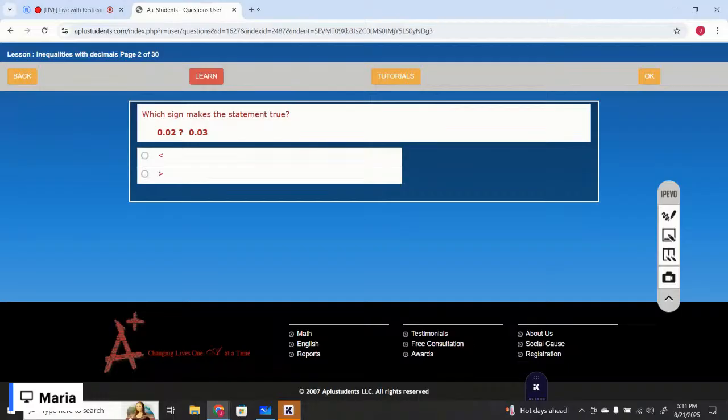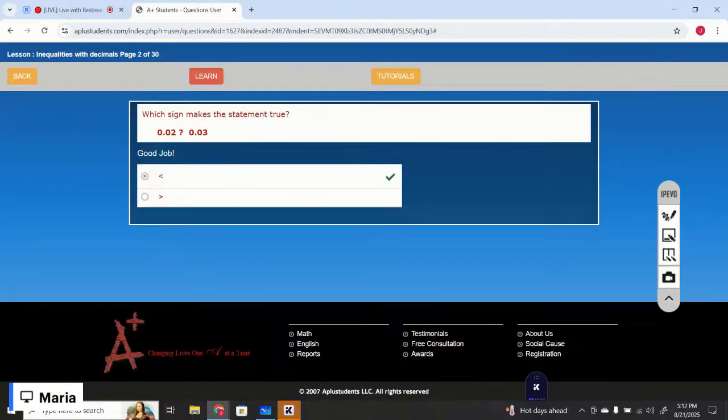Okay, so yes, 0.02 is less than 0.03. Option number one is the correct option.